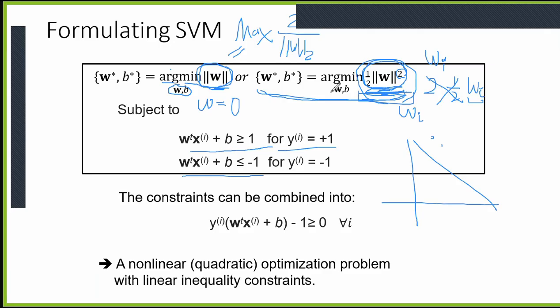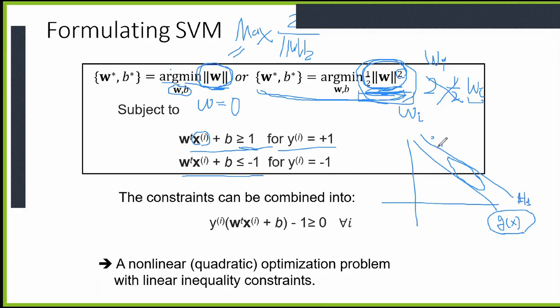So the idea is that for a data point xi to have its distance computed on the positive side, the discriminant function g of x should output a positive value, and in order to be above h1, above the safety zone, it should be greater or equal to 1.